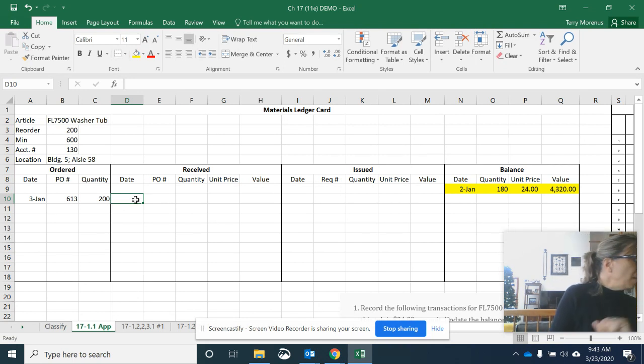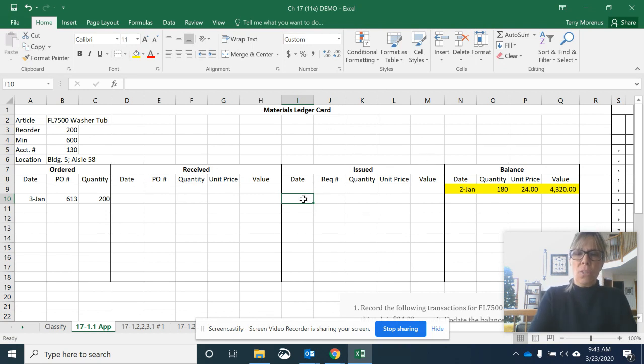All right, the second one says that we recorded a job rec moving 10 tubs from the warehouse into production. All right, so that is going to be right here under the issued. Issued means it went from the warehouse where the received is into production.